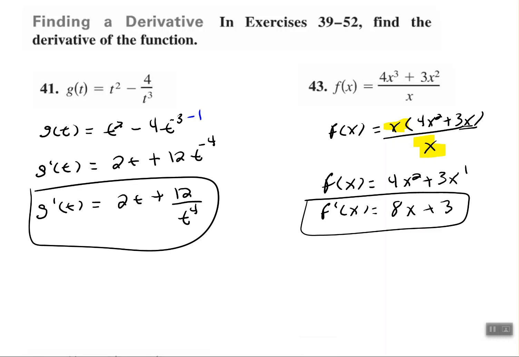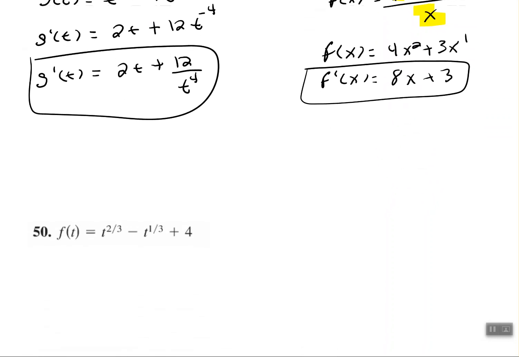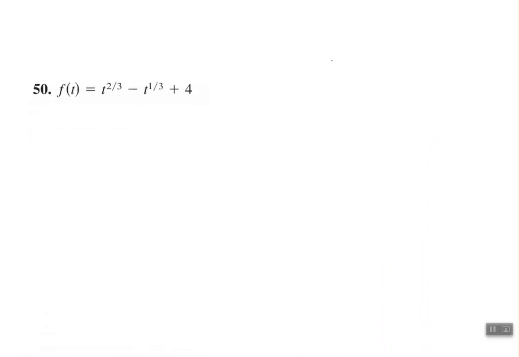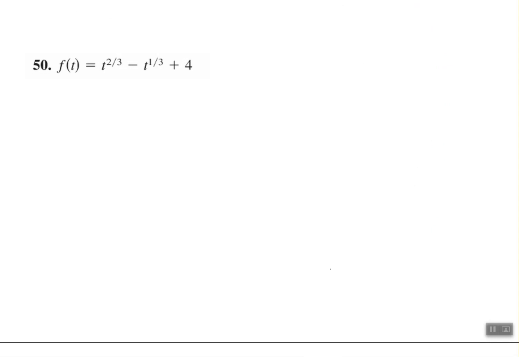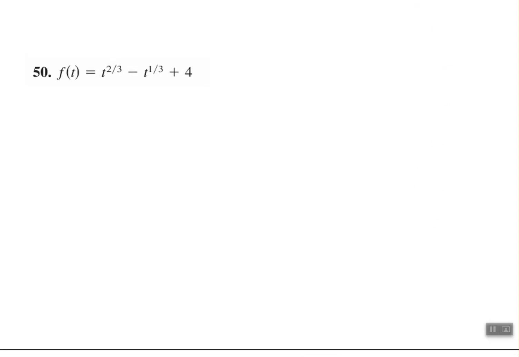Alrighty, let's look at one more example. So on this one we have f of t equals t to the 2/3 minus t to the 1/3 plus 4. So again, we just want to use our power rule here. Be careful with those exponents in your subtraction.